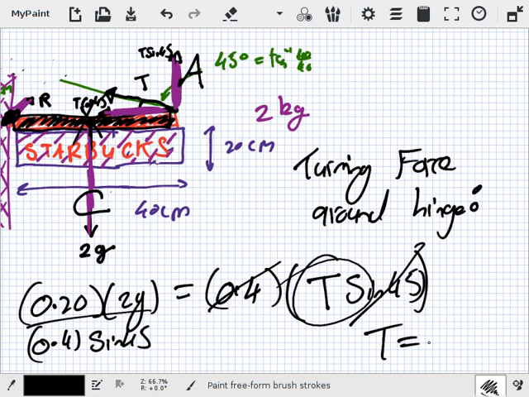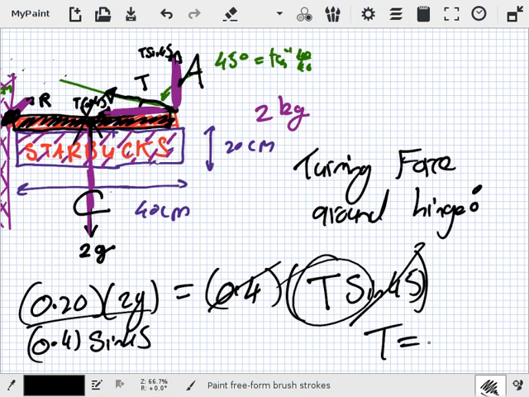About 14 newtons, is it? 14.4 newtons is my guess. You've got it there?